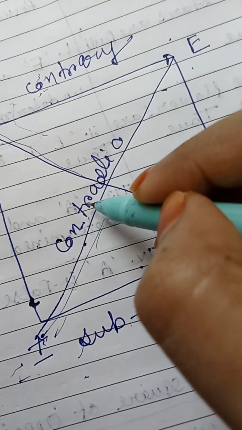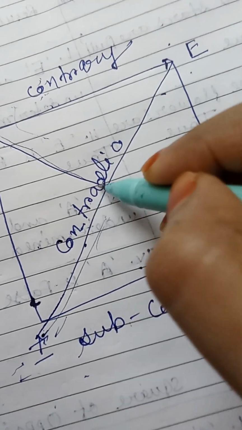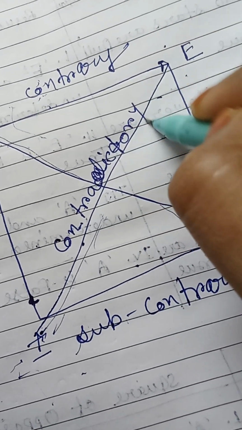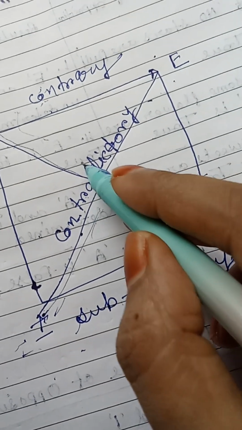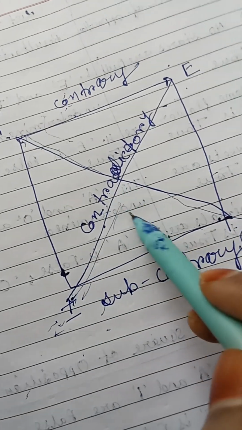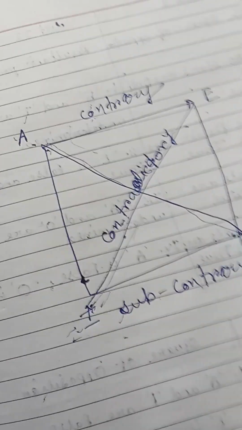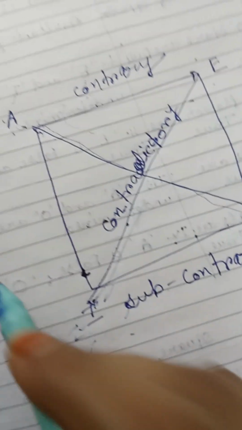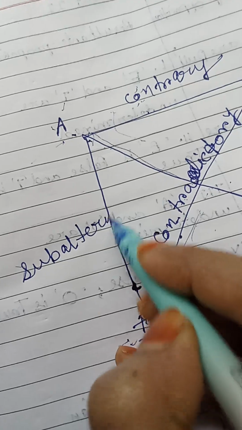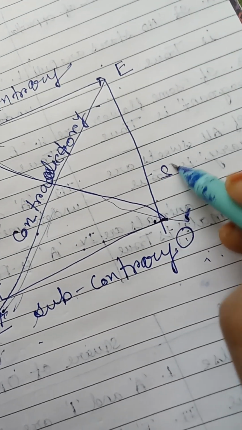Two are there, A, O and E, I. That's why it is contradictories. And A and I is called subaltern, and same here, subaltern.